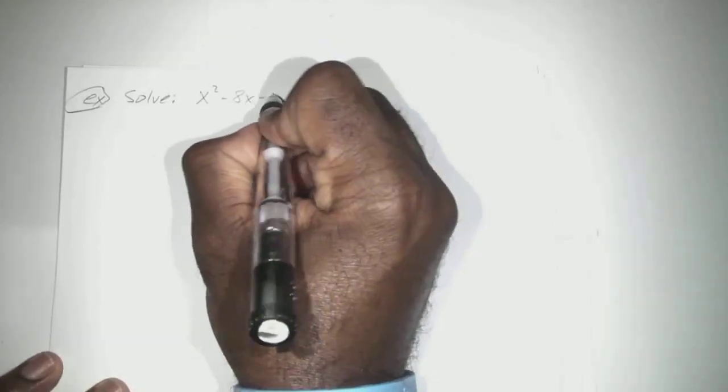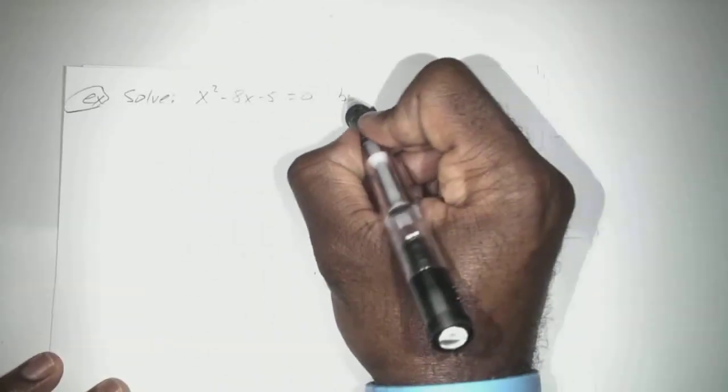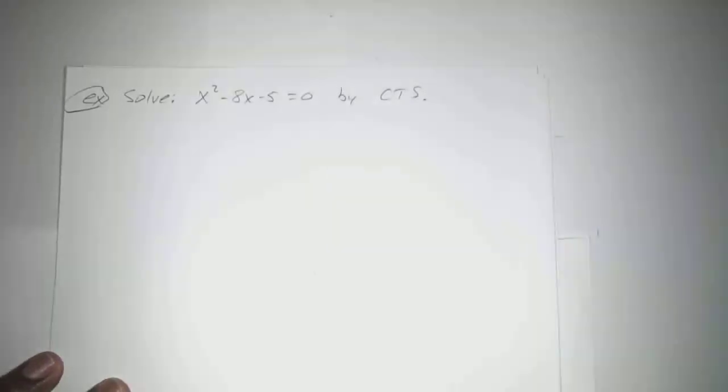Alright, so let's say, for example, you want to solve x squared minus 8x minus 5 equals 0 by completing the square.